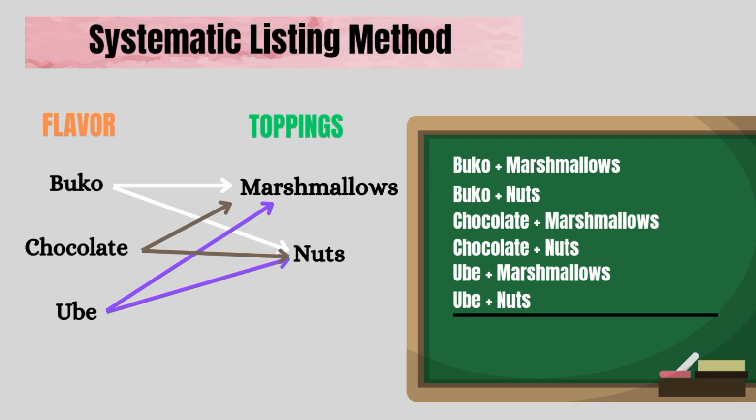We have 1, 2, 3, 4, 5, 6. Therefore, based on the systematic listing method, we have 6 choices of ice cream that we can choose from.